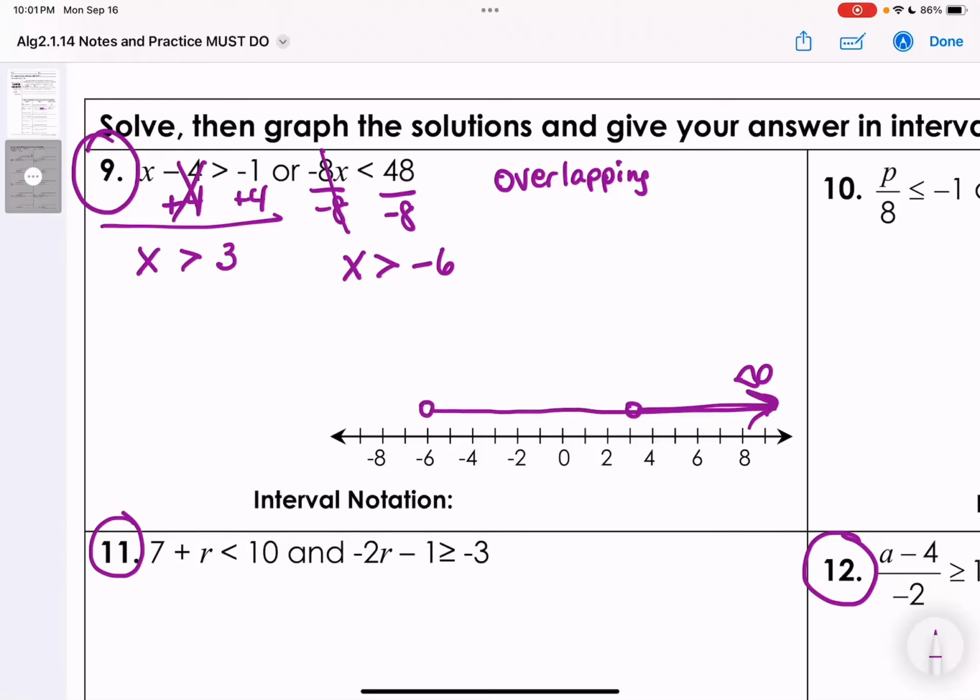So I can say, since this is an OR situation, I can just graph the x greater than -6 because it includes x being greater than 3 in there. Those lines overlap. If it's "and," you can't do it that way. We'd have to say x greater than 3. But since this is OR, then I can go with the x greater than -6.